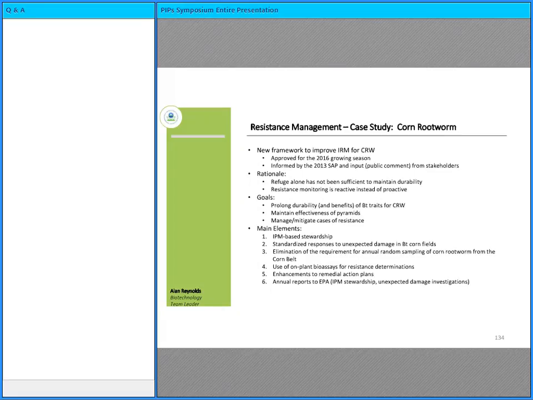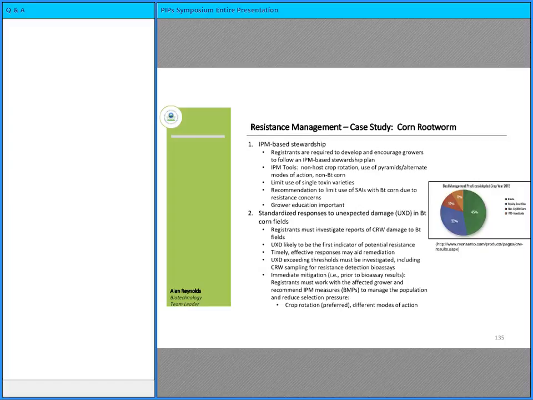I'll go into why we did that in a little bit. Another one is to encourage the use of on-plant bioassays for resistance determinations. And we also enhanced the existing remedial action plans in the event of resistance. And then finally, annual reports to EPA on some of these new activities, including IPM stewardship and unexpected damage.